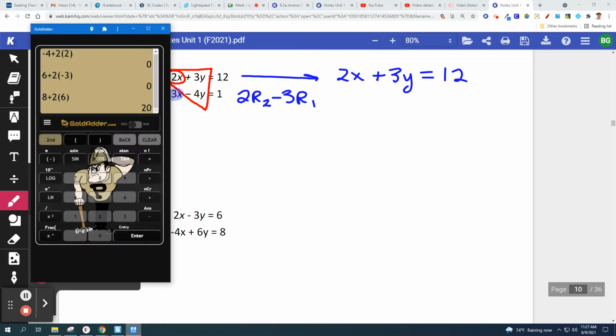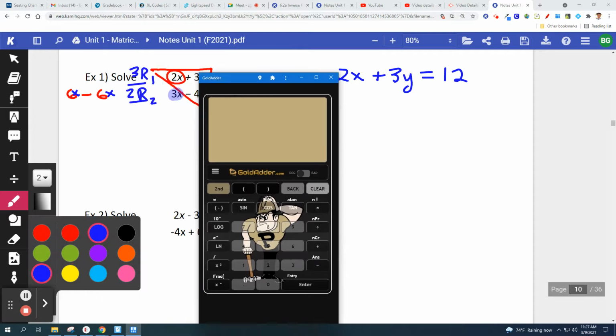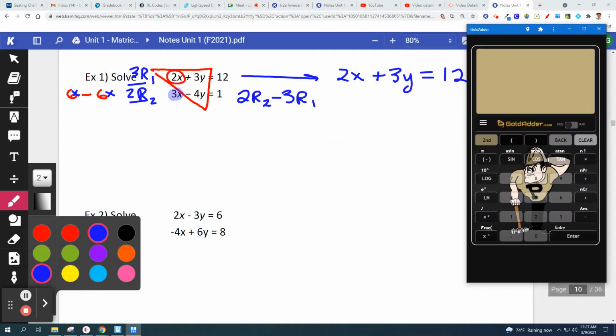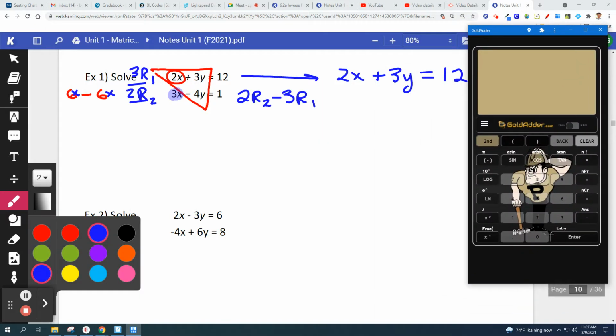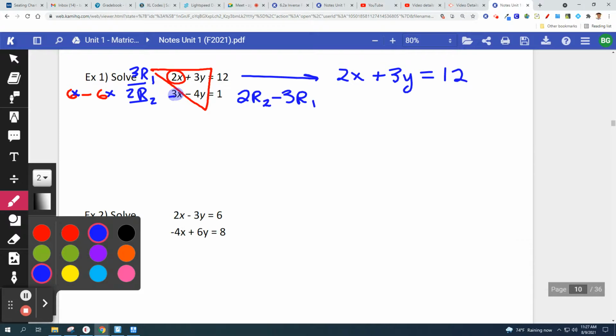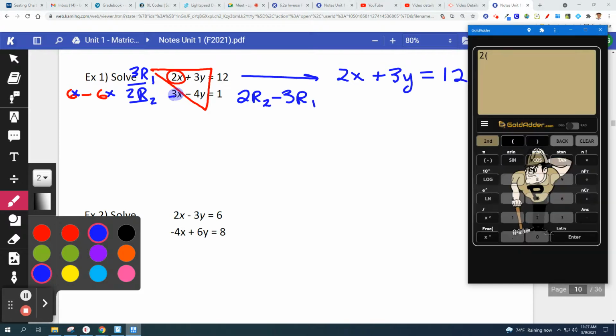So let's see. Your R2 and R1 are going to be the numbers that we plug in. They're the numbers from the equation. So when I plug that in on my calculator, I'm going to put those inside parentheses. Your rule says 2 times whatever's in row 2, which in this case, that number is 3. So 2 times 3 minus, and then your rule says 3 times R1.